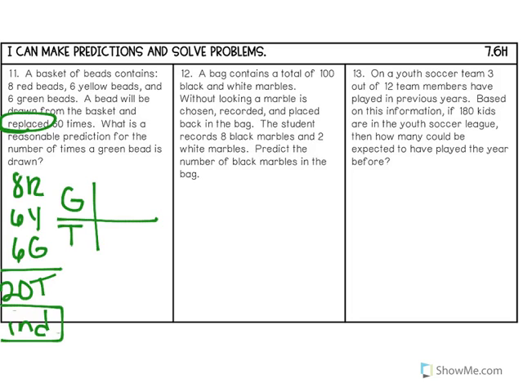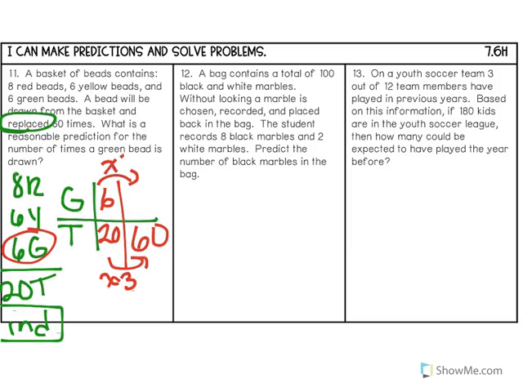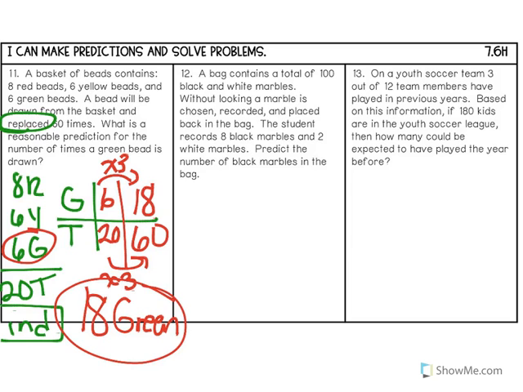So if I look at my original, I had 6 green and I had 20 total. But I'm going to draw it 60 times. So I know that 20 times 3 is 60. So my scale factor is 3, and 6 times 3 is 18. So I'm going to have 18 green beads drawn. That's a prediction. Is it exact? No, because it's theoretical.